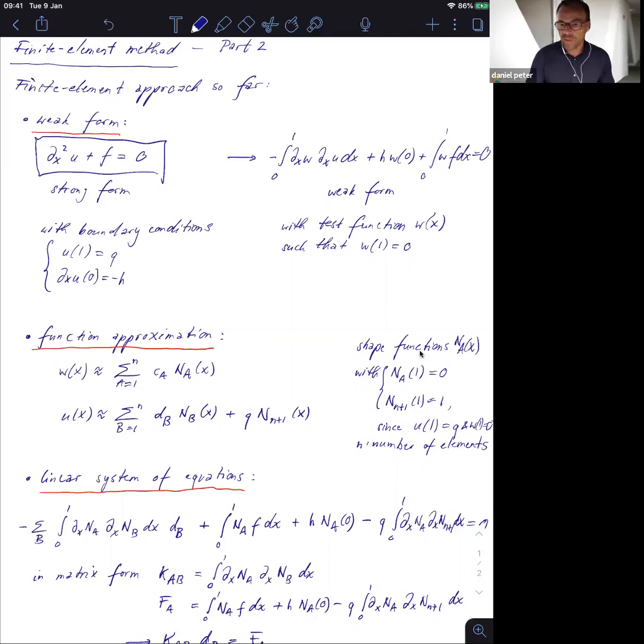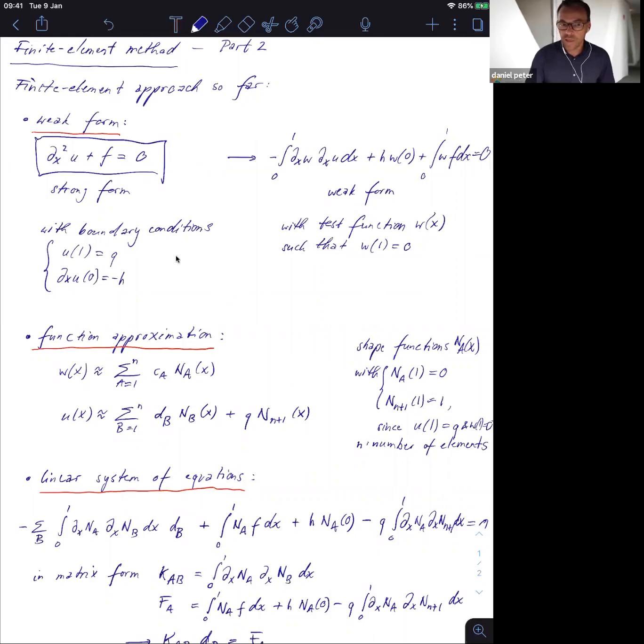In particular, the shape functions that we want to look into are linear shape functions. So we approximate a smooth function with a piecewise linear basis. That's an approximation that we are doing, in terms of shape functions.